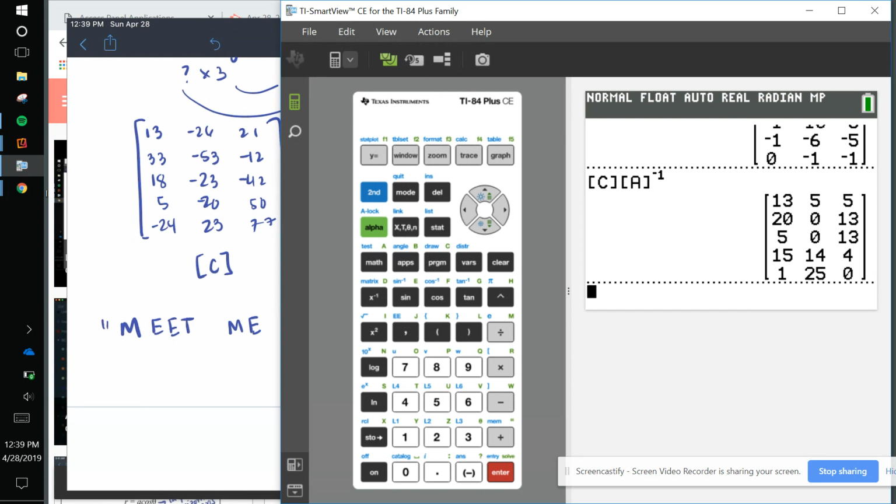So the original message is "meet me on Monday." So that is decoding a message.